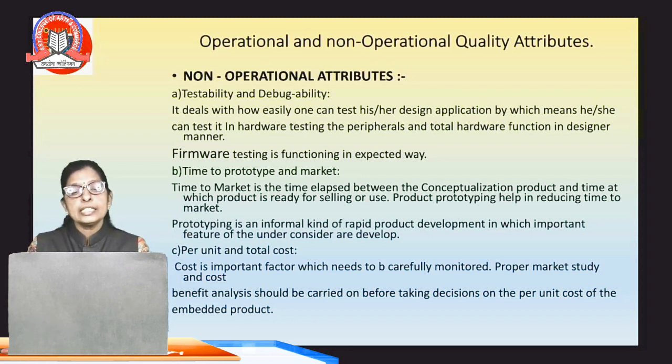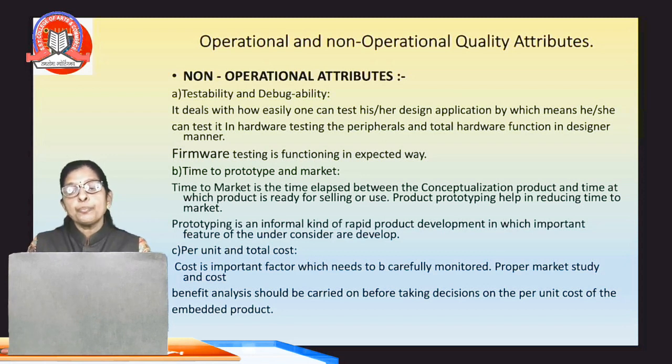The second is time to prototype and market. Time to prototype or time to market is the time elapsed between the conceptualization of the product and the time at which the product is ready for selling or use.